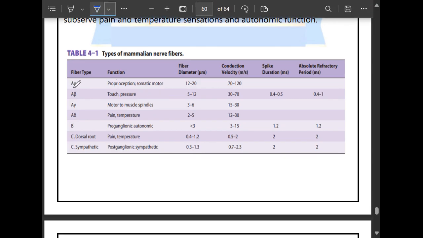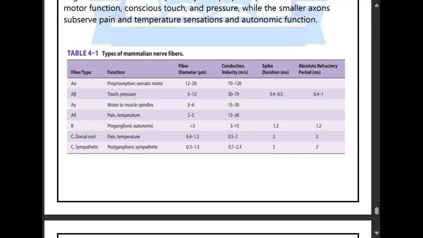So we have A alpha. A alpha, its function is actually concerned with proprioception. Hopefully we are together.